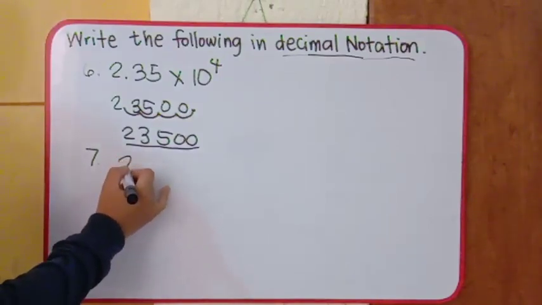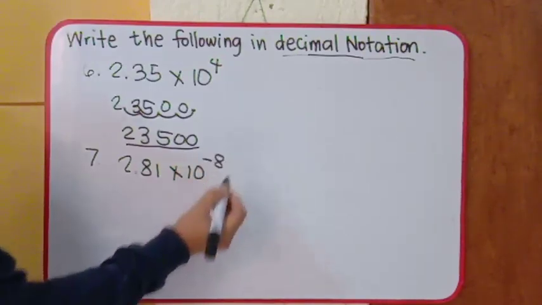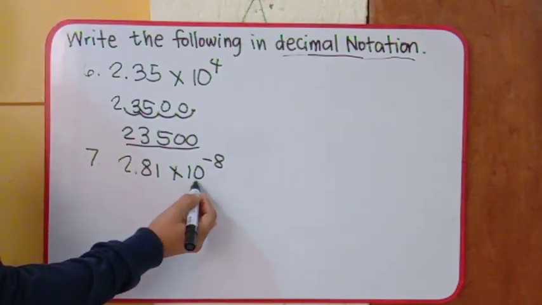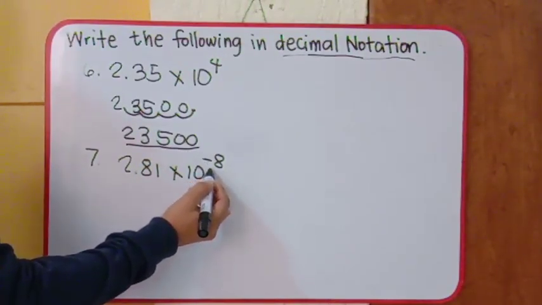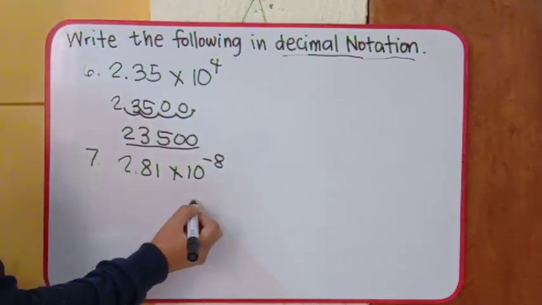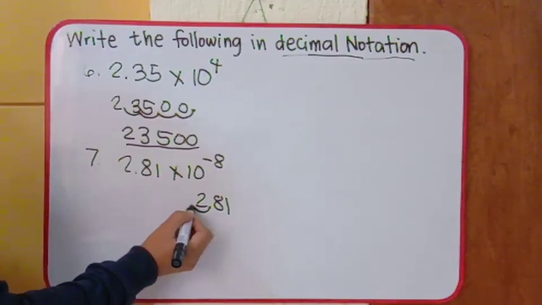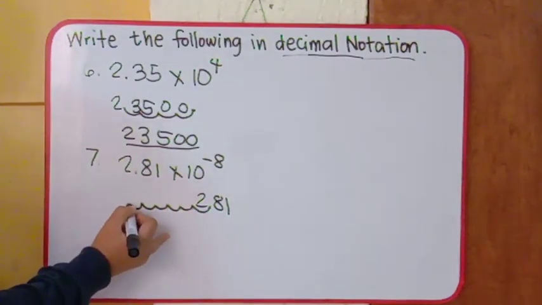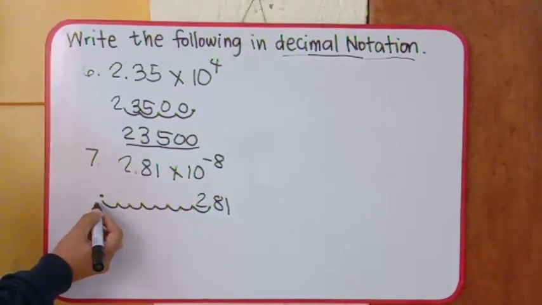Now let us have example number 7. So we are given here 2.81 times 10 raised to negative 8. Since the exponent for our base 10 is negative 8, it means that the movement is 8 times to the left. So we are given here 2.81. So we have here 1, 2, 3, 4, 5, 6, 7, 8. So this will be the new location of the decimal point.